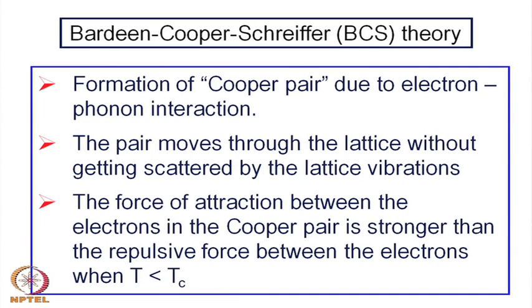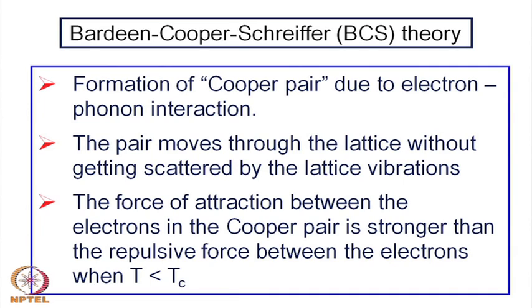Normally, we have seen in any metallic material, the resistance comes from the scattering of the electrons from the atomic vibrations or the phonons, lattice vibrations. But after the formation of a Cooper pair, they do not get scattered.